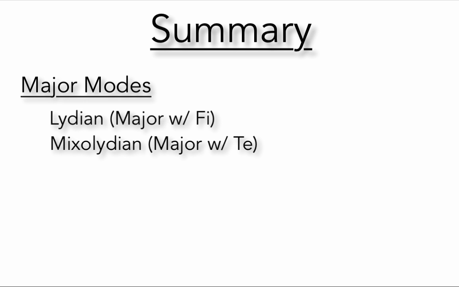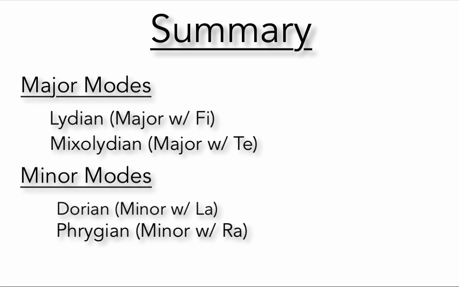So in summary, we have 2 major modes, Lydian and Mixolydian. Lydian is like major, but with a raised scale degree 4, or fi, and Mixolydian is like major with a flat scale degree 7, or te.